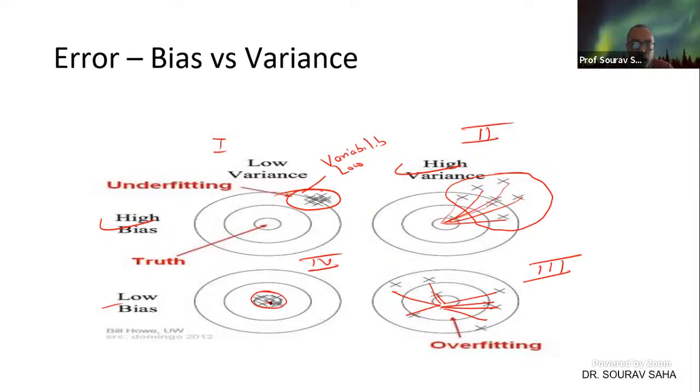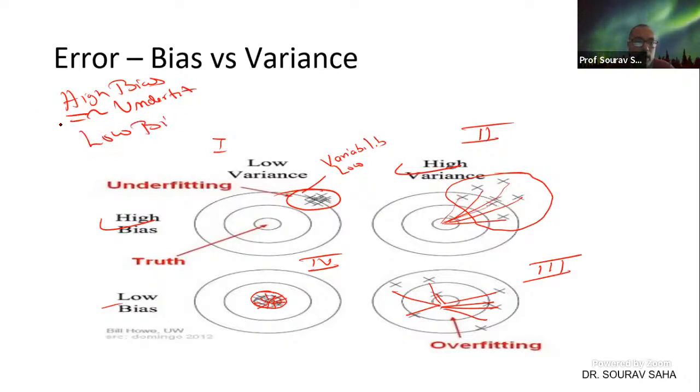So this is your target, the actual target, and this is where your answers are generally scattered around, and the variance part is also low. So a high bias model is an underfit, high bias, underfit, and low variance.